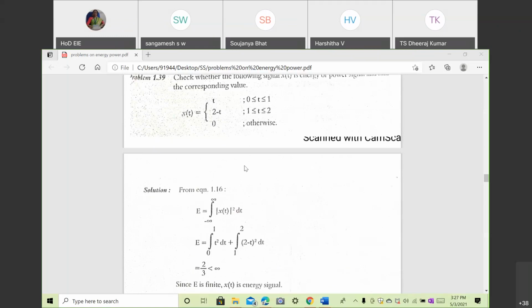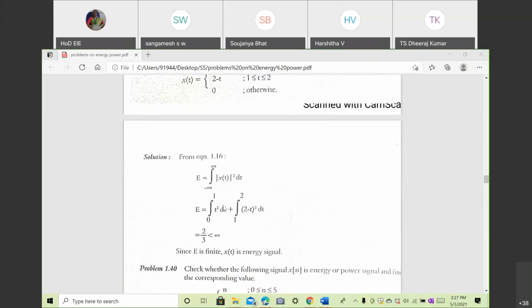Then magnitude square dt. Then taking the integration of this and substituting the limits, and also taking the integration of the second term and substituting the limits and simplifying, we get the answer, that is 2 by 3. 2 by 3 is less than infinity.